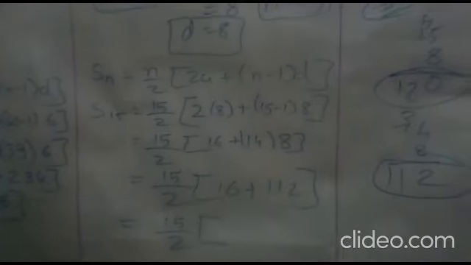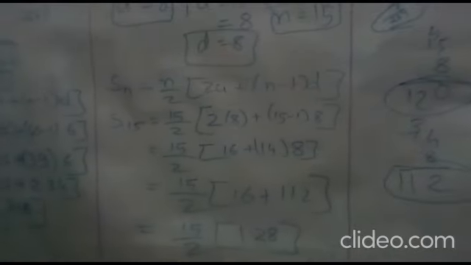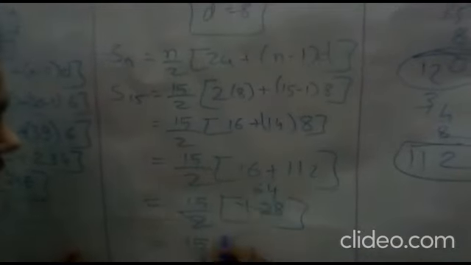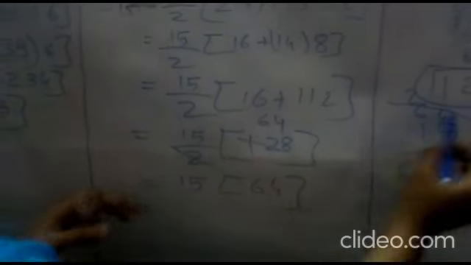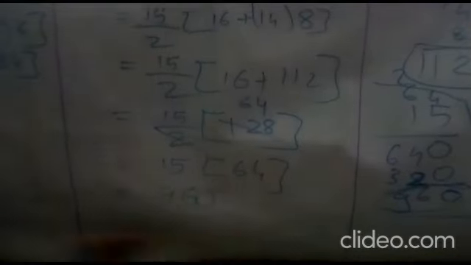So 15 by 2 we can write as it is, into 16 plus 112. Now 16 plus 112 is 128. So we cut 2, what do we get? 64. 15 into 64. So 64 into 15 we get 960. So 960 is our S15.